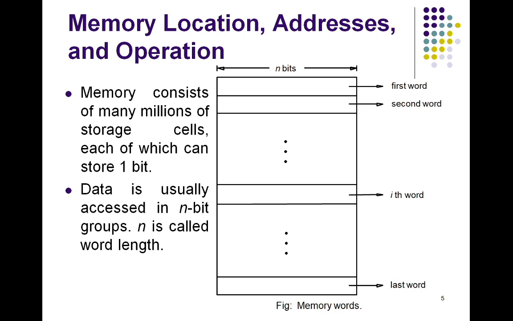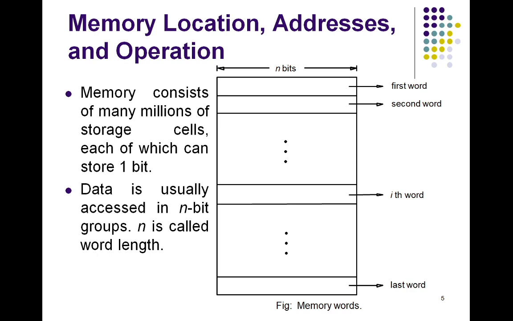Here the memory of a computer can be schematically represented as a collection of words. As you can see in this figure, the memory is represented as a collection of words. So here you can see there are n number of words, which collectively is known as memory or the memory representation.